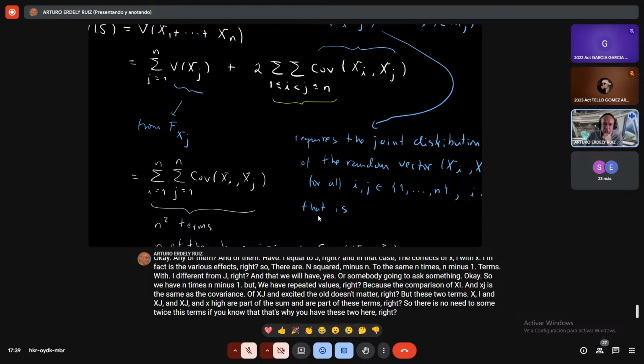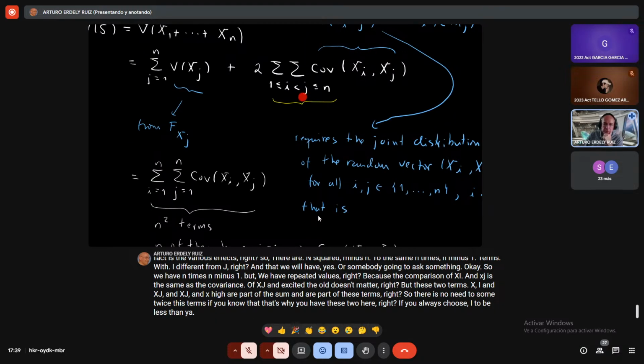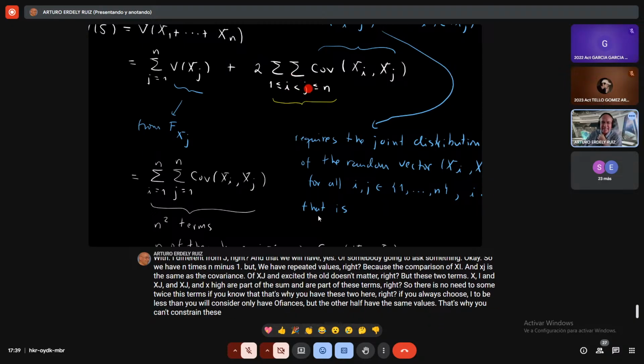If you always choose i to be less than j, you will consider only half of all the covariances, but the other half have the same values. That's why you can constrain these to i being strictly less than j, and then you multiply by 2.